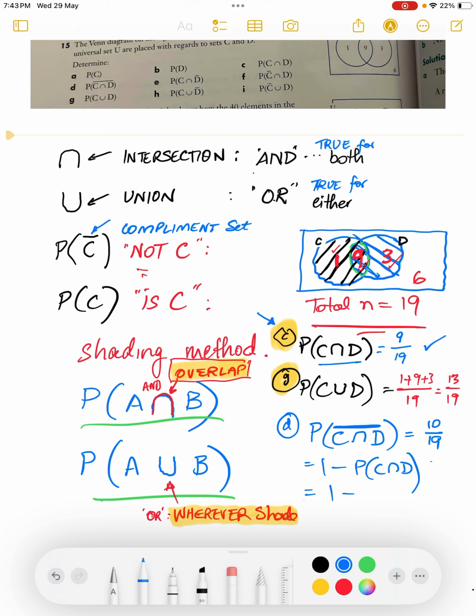So it's like saying take 9 out of 19 away from 1 and you will get your not section.